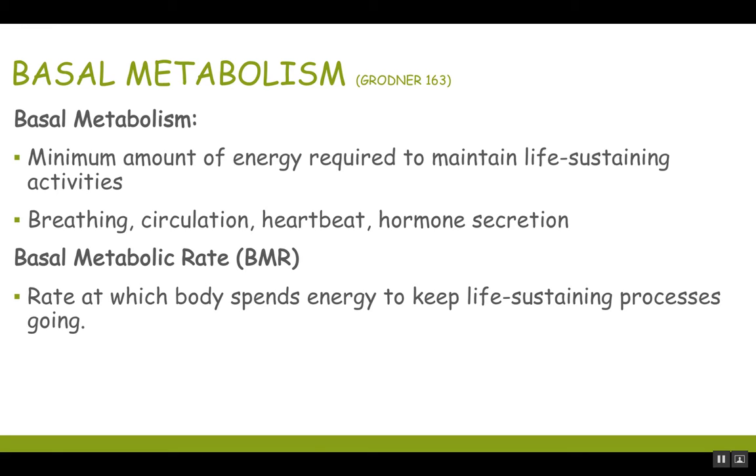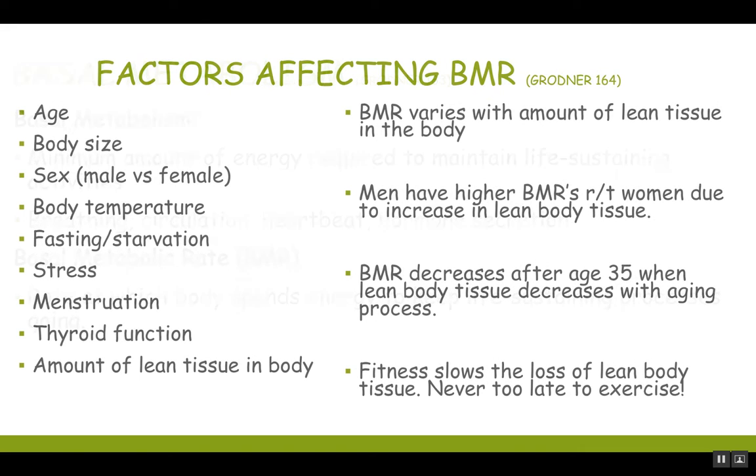There are a lot of things that will affect the basal metabolic rate. Things like your body size, male versus female, if you're fasting or in starvation mode, if you've got a lot of stress, and your thyroid function can affect that. How much lean tissue you have in your body, how old you are. The older we get, our basal metabolic rate changes.